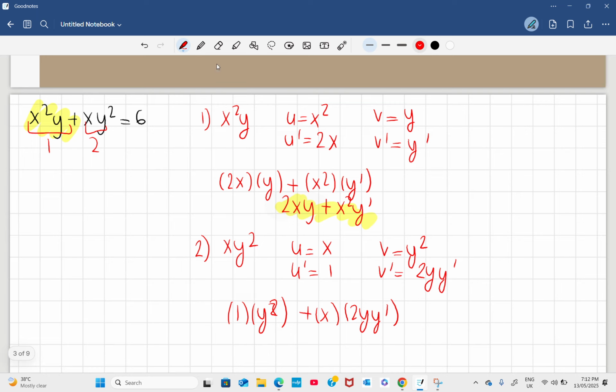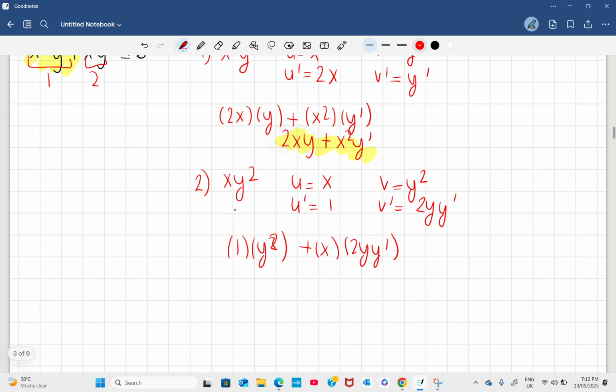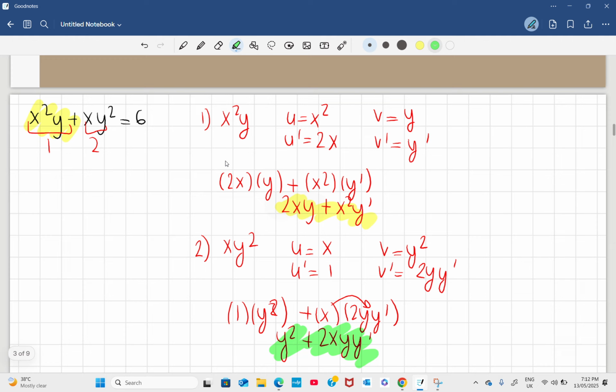You can directly write it as y squared plus 2x y prime. I just put the x here. Okay, so this is for this. So let's put them all together.